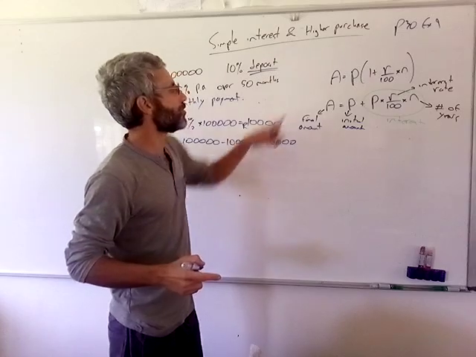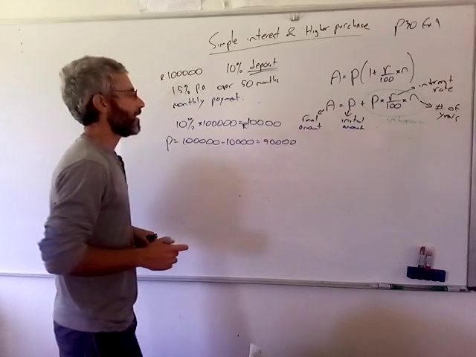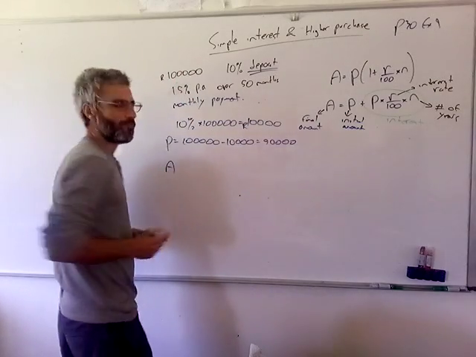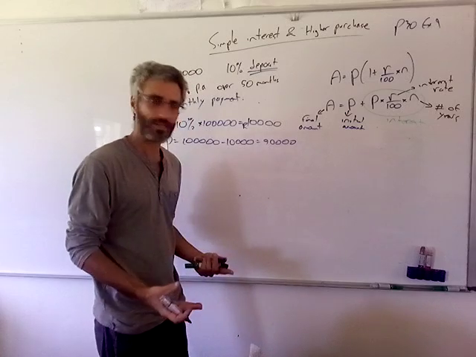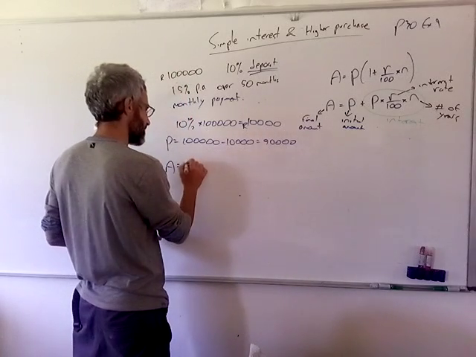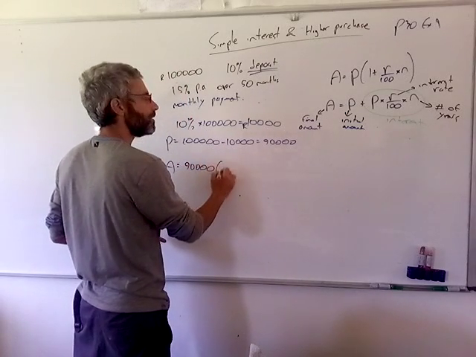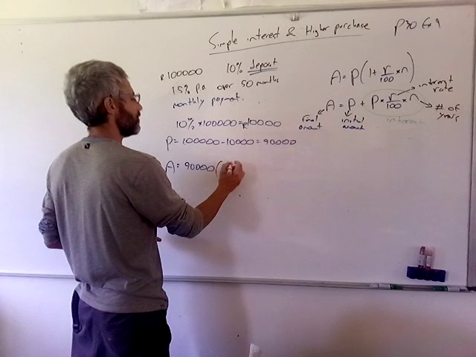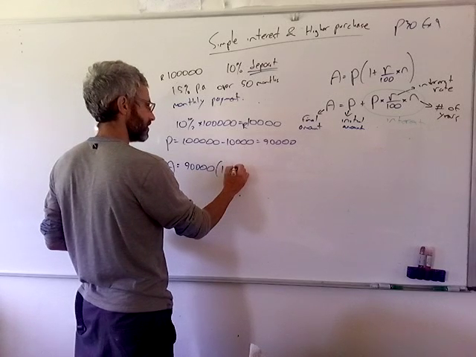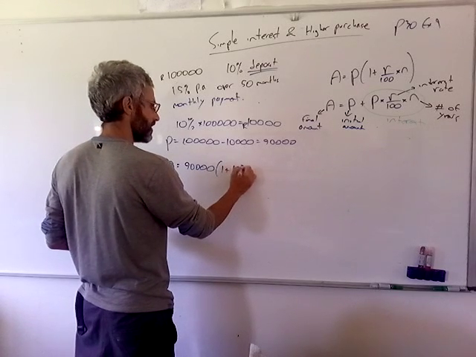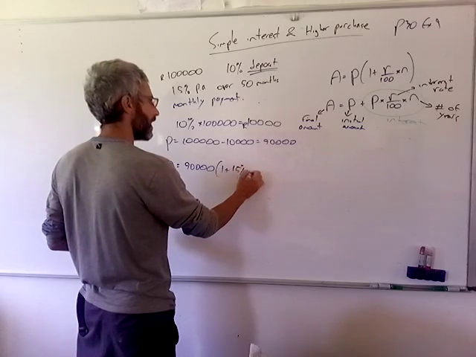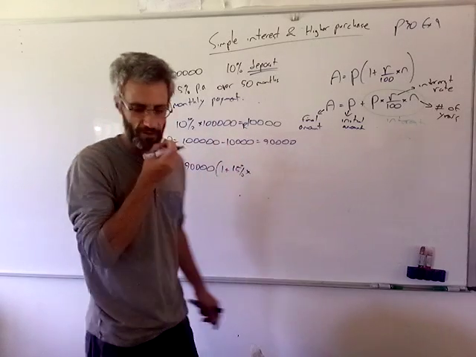Now I will use this formula. I want to find out A, the amount of money that I need to pay back if I borrowed 90,000 Rand with an interest rate of 15%. Time: now I've got a little bit of an issue.